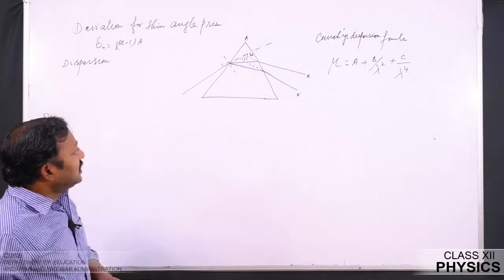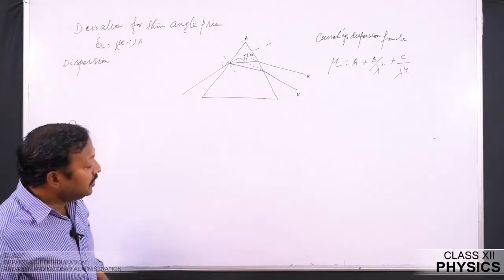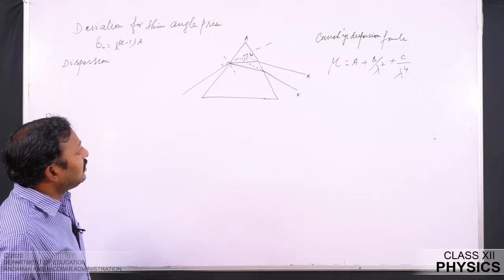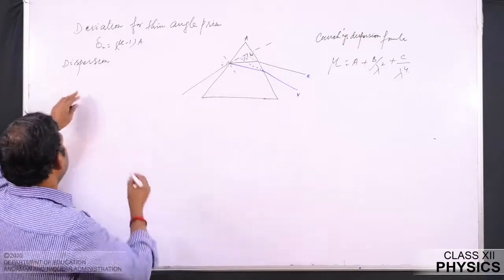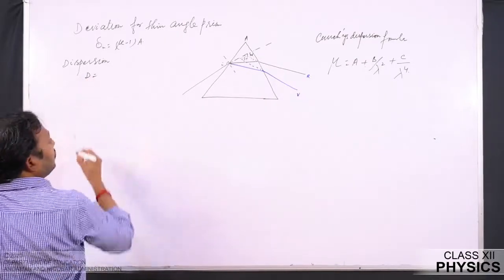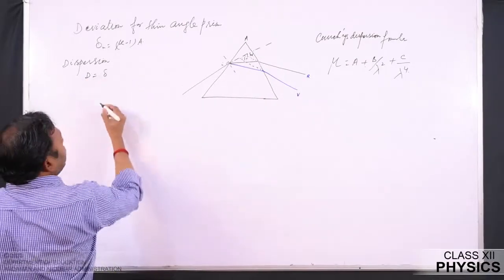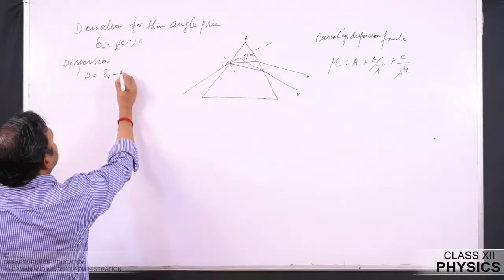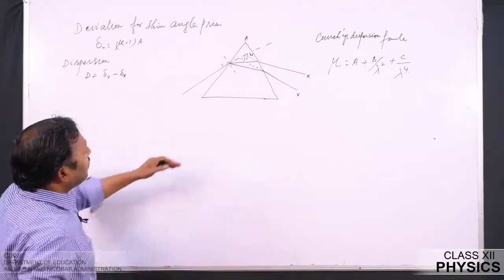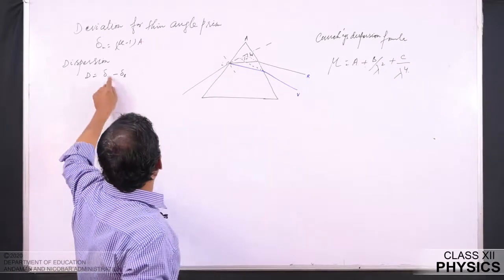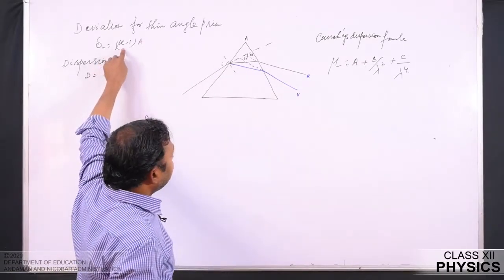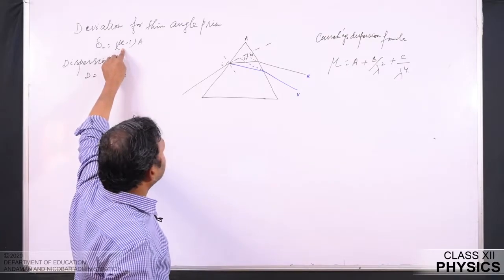Now, dispersion is nothing but the difference in deviation produced between two colors. Here we took violet as well as red. So, dispersion in this case can be written as D is equal to delta V minus delta R. From the figure we see that the deviation produced for violet light is more, and the deviation depends upon the refractive index, which depends upon the wavelength.